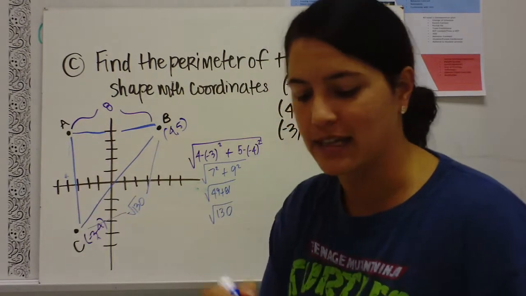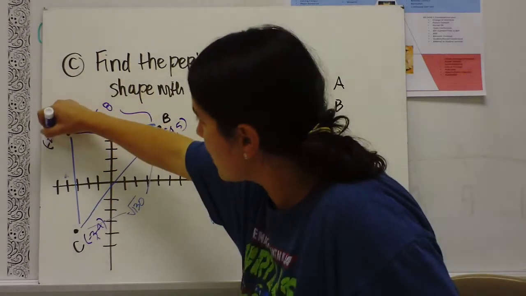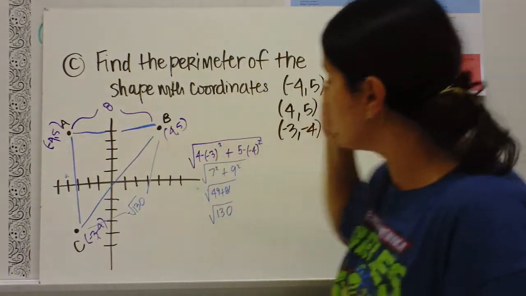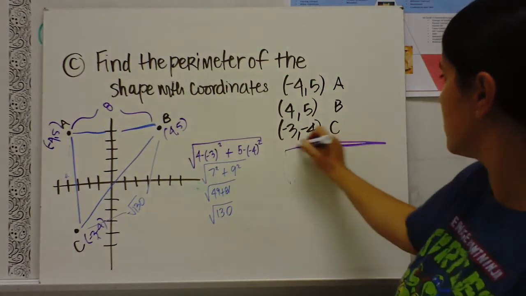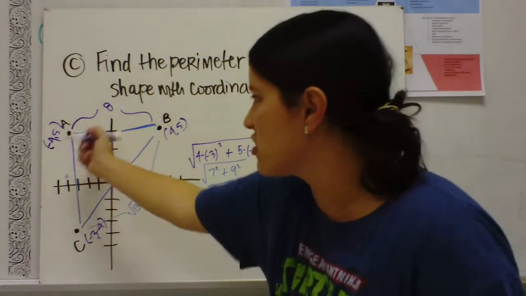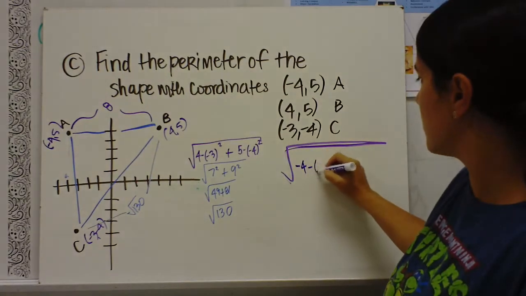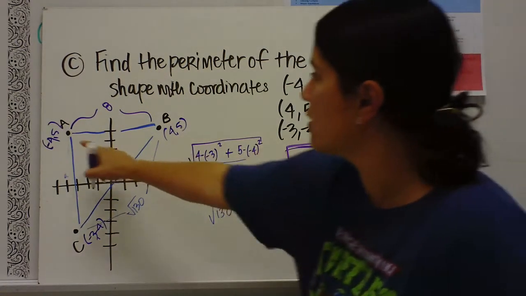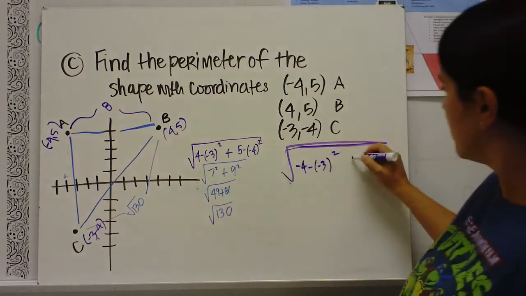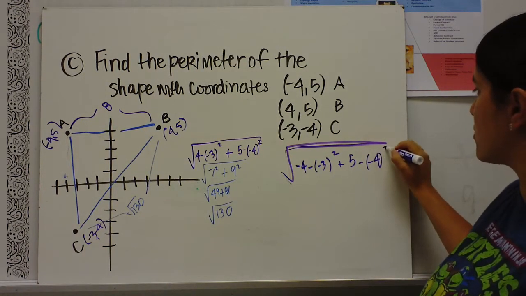Now I have to do A to C. A's value is (negative 4, 5), so I have to use the distance formula again with A and C. I'm going to start here. Negative 4 minus negative 3 squared, plus 5 minus negative 4 squared.